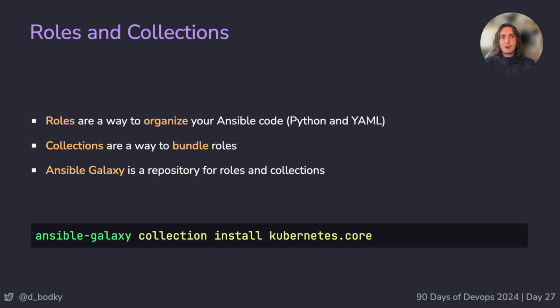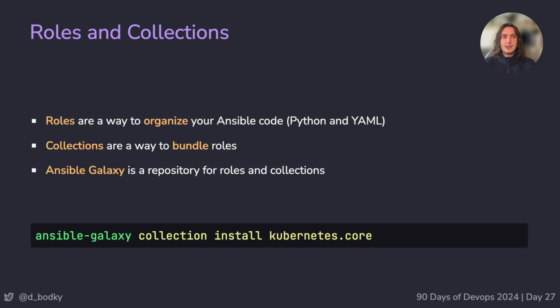Roles can take both task definitions in YAML and additional Python code, so-called plugins, which extend Ansible's capabilities and package them for us to consume. Then again, collections are the next level, which actually bundle one or more roles.